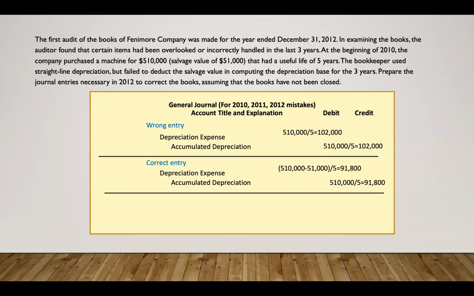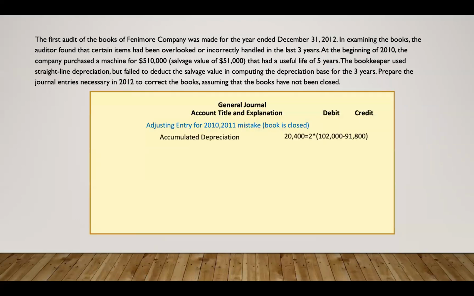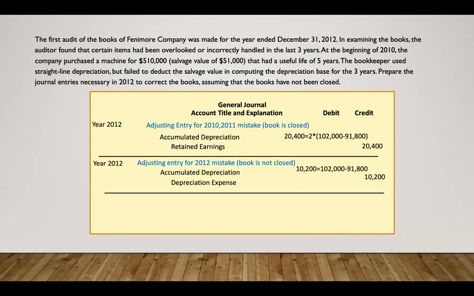So let's take a look at how to fix this. First, just look at the wrong and the correct journal entries. The difference between these two, 102,000 and 91,800, is 10,200. To fix it, first look at 2010 and 2011, and we know for these 2 mistakes, the book is closed.